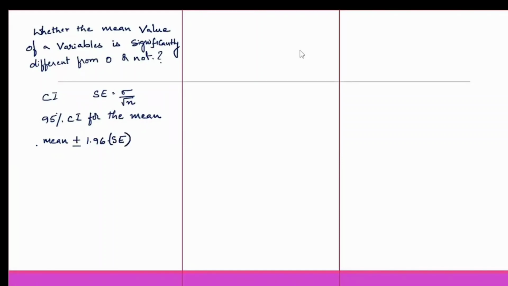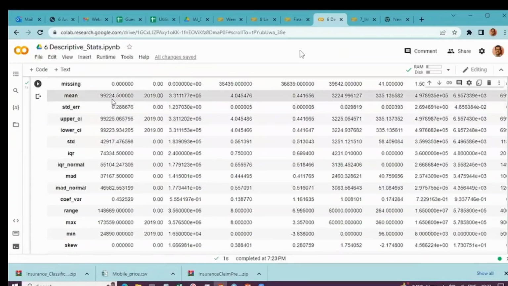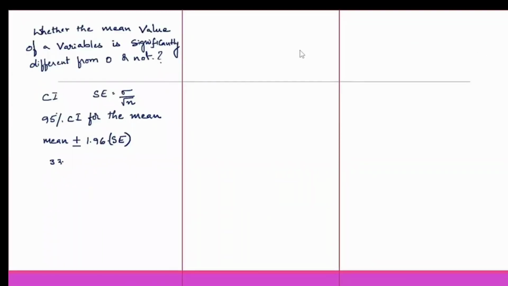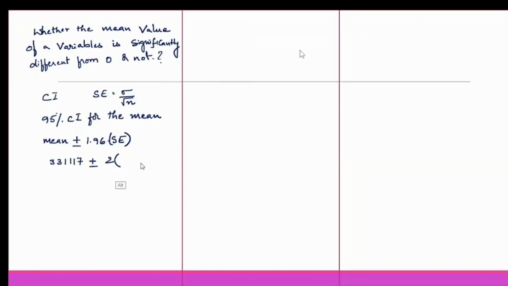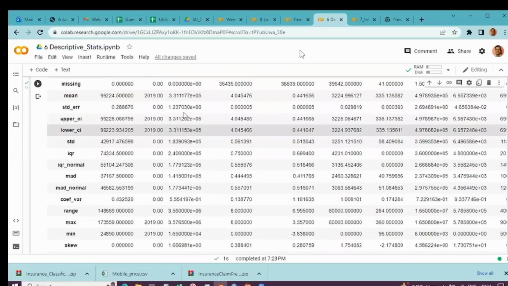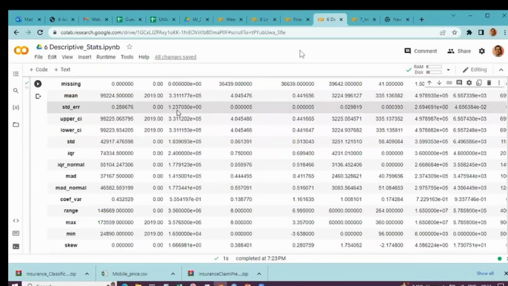So in our case, the mean is 3,31,117 plus or minus 1.96, probably let me round it up to 2, times the standard error, 1.23.